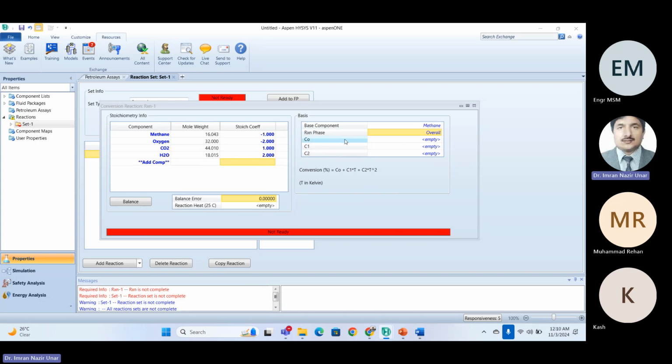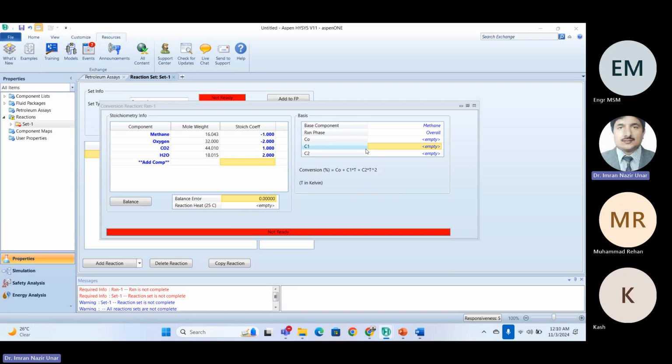Definitely, this is an exothermic reaction. So if 20% of methane is burned, then temperature rises, and if you want to make it temperature dependent, then you put some C1 and C2. Now this comes from literature, but if you don't put any value in C1 and C2, it means they are zero, and zero multiplied by anything is zero.